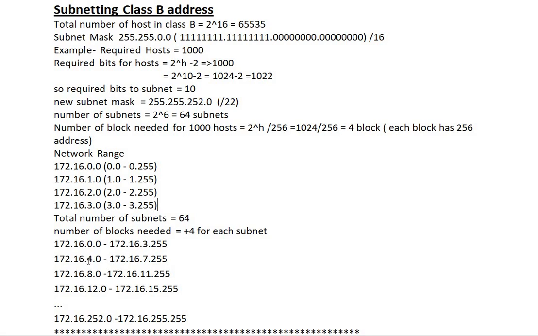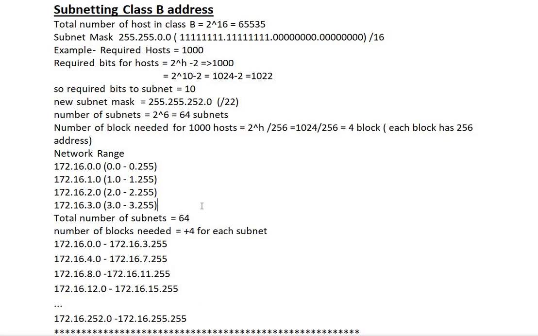Similarly, the second network will be 4 to 7, the third will be 8 to 11, and so on. The last network will be 252 to 255, so 252.0 to 255.255. This way we have 64 subnets in this network.